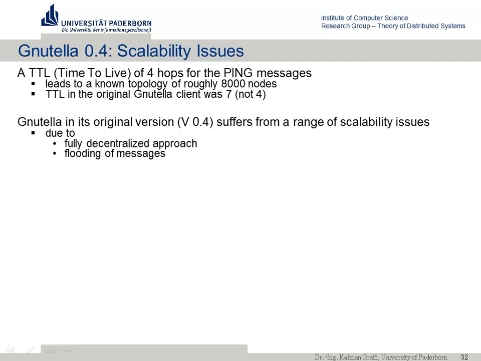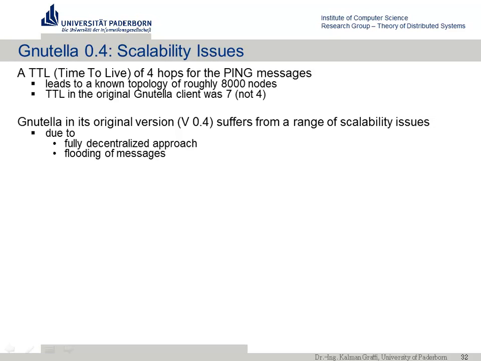And the time to live in original Gnutella was 7. That gives you an impression of how many nodes you contact with one single message.